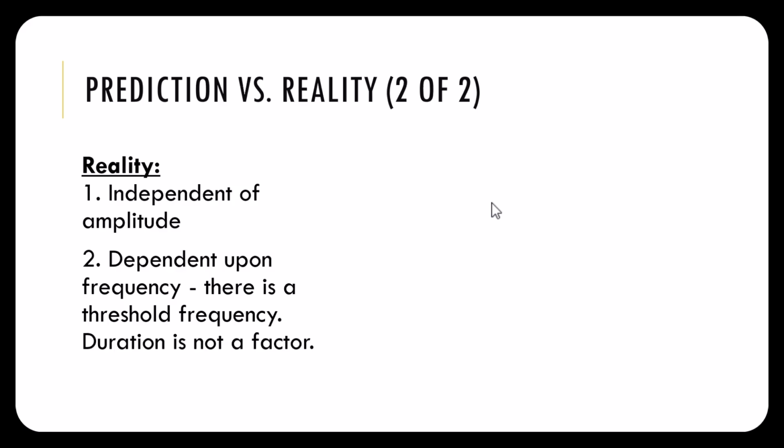But reality wasn't what we expected. What we found is that the electrons coming off were independent of amplitude. It didn't matter if I swung really hard or if I swung really soft.